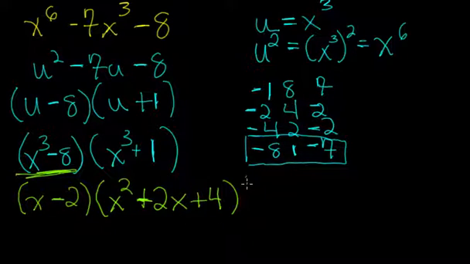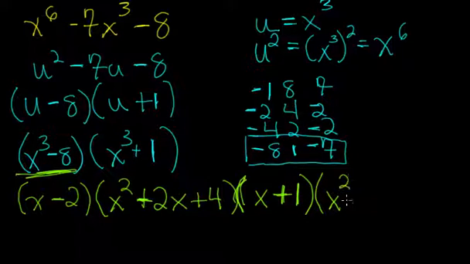Now I want to look at my second term here. I get x plus 1 times x squared minus x plus 1. All right. And at this point, we're done.